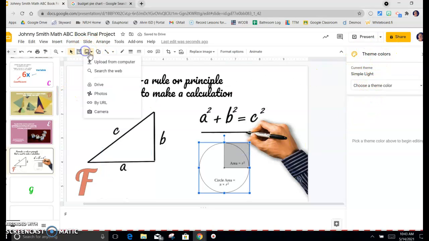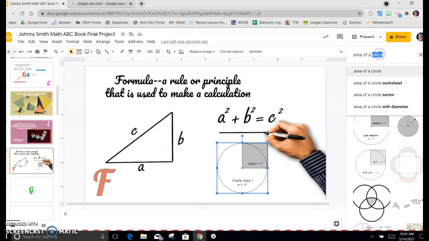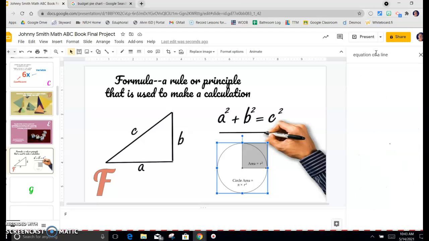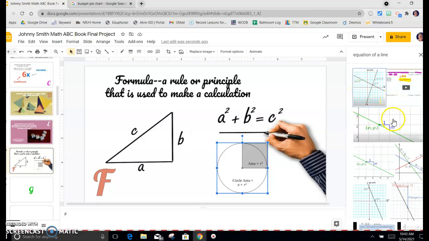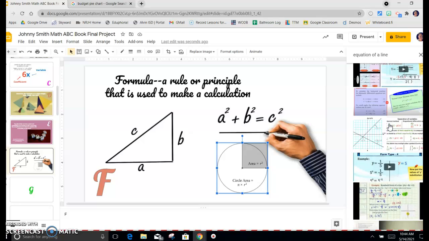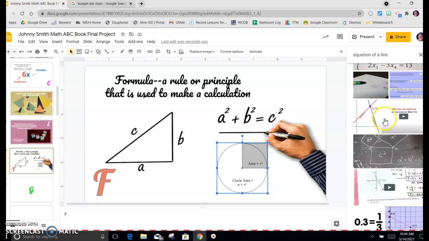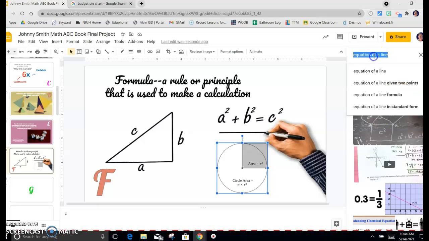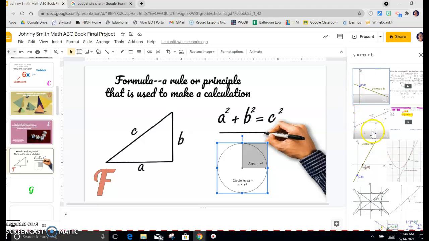Another picture. It's another formula we learned this year. Equation of a line. Thank you. These are real complex. Where's the regular one? Okay, now I'm gonna just type it in. There we go.